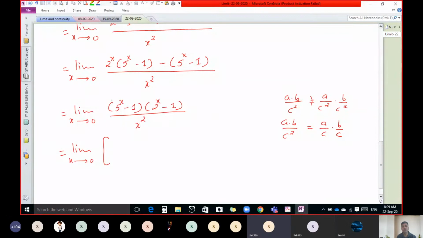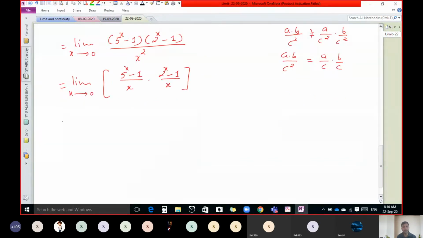Okay. So now just tell me how to split this. 5 raised to x minus 1 divided by x into 2 raised to x minus 1 divided by x. Correct. Perfect. Now use the rule of limit. Now tell me the next step.